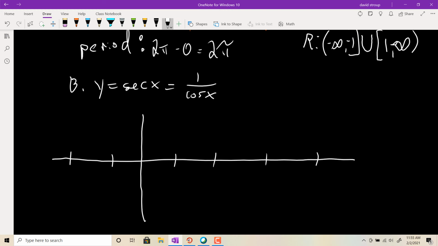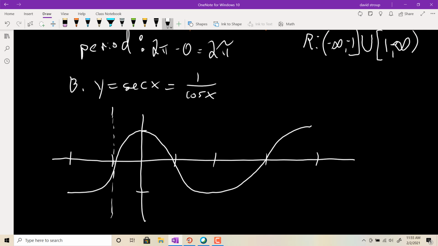Just go 2 over in that direction. Amplitude is 1. So cosine looks like this, and then it repeats itself in this direction. So we have asymptotes like right here, and I should have put the cosine function dashed here.